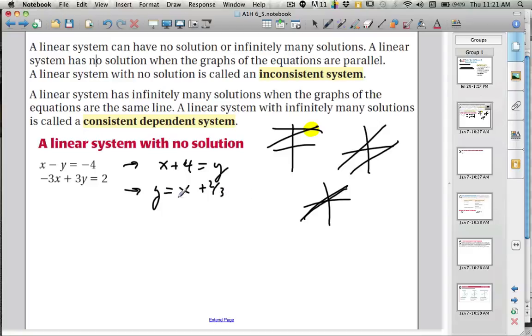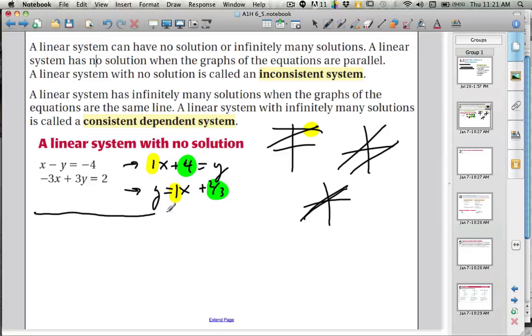I have a slope of 1 again and a different y-intercept, 2/3. By noticing that my slopes are the same but my y-intercepts are different, I can tell that these are parallel lines. They will never intersect, so they will never have a solution.